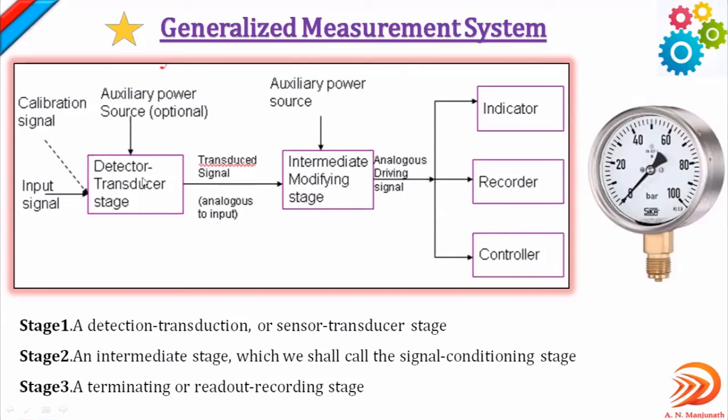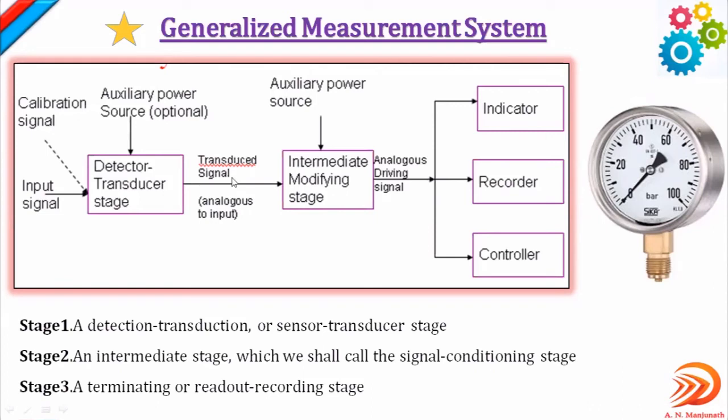Whatever signal the first stage sends will be the input for the second stage. Usually it will be analogous, of one form, analogous input. The purpose of this second stage, the intermediate modifying stage, is signal conditioning.